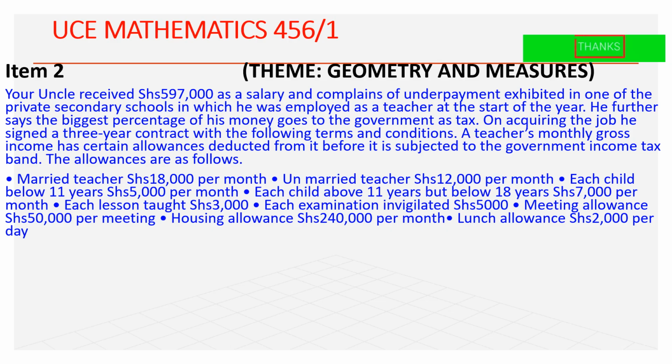Each lesson taught, shillings 3k. Each examination invigilated, shillings 5k. Meeting allowance, shillings 50k per meeting. Housing allowance, shillings 240,000 per month. Lunch allowance, shillings 20 per day.